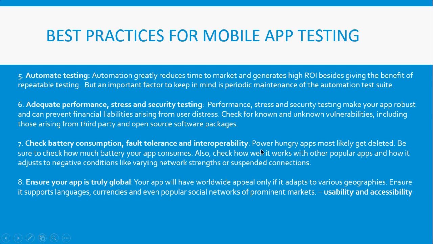Now, fault tolerance and interoperability. In terms of interoperability, let's say your application is WhatsApp and you're also making a phone call at the same time. You want to check whether your application will crash. Or if you are running the application and a phone call comes through, you want to check that the same place you were before the phone call came through is where you are after the phone call has ended.